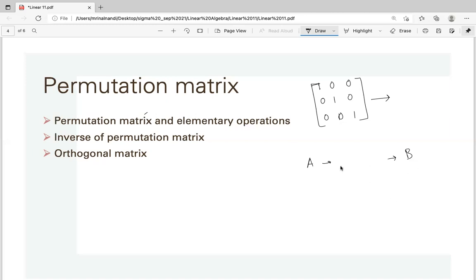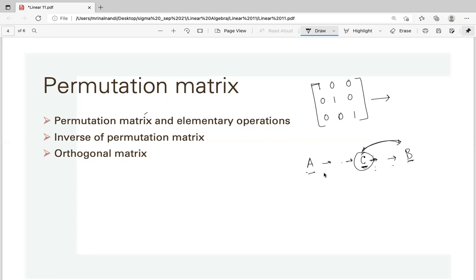But you can satisfy yourself that in some intermediate stage there may be a matrix C, such that the determinant of C and the determinant of B are the same, and from C to B you have only row interchanges. That means you can apply the row interchange operations last.